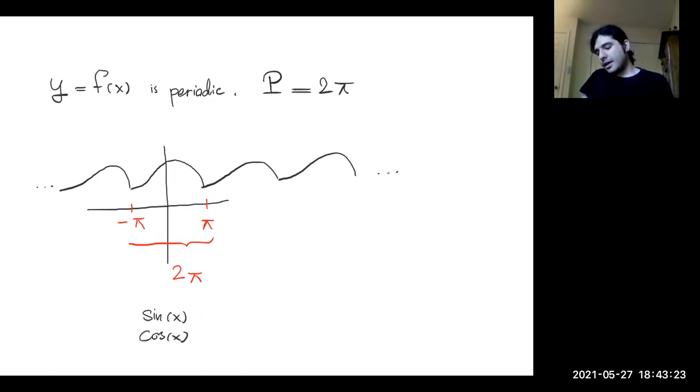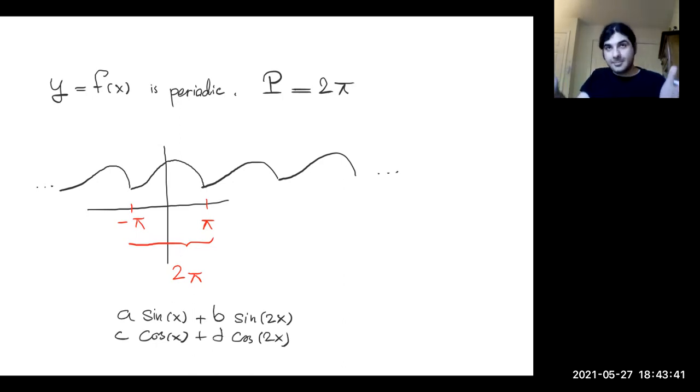Now, if we look at sine of, say, 2x and cosine of 2x, the period of these two functions is 2 pi over 2, which is pi. But if we think about the linear combination of all of these functions, the period of this linear combination is still 2 pi.